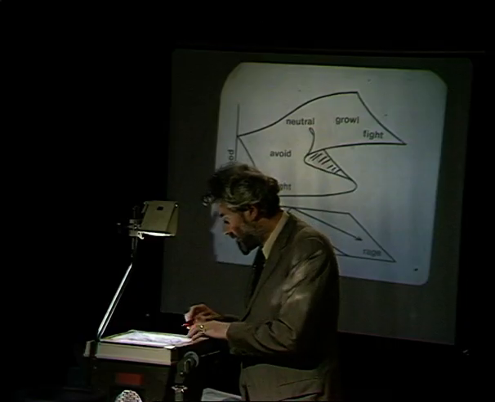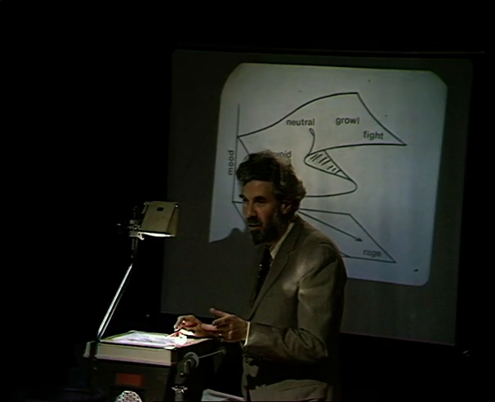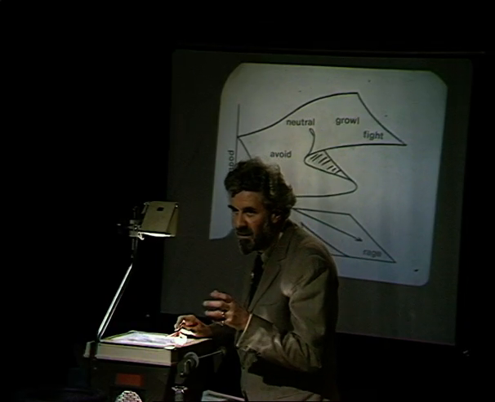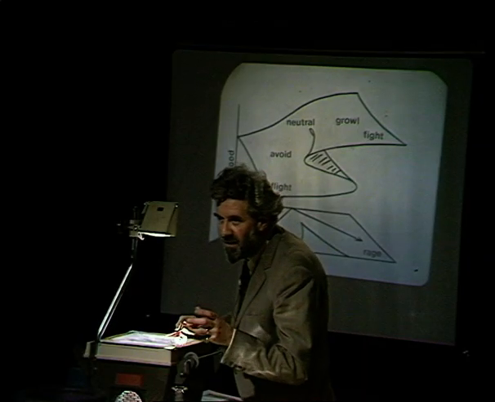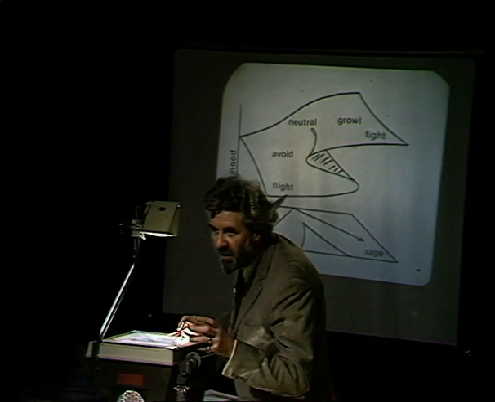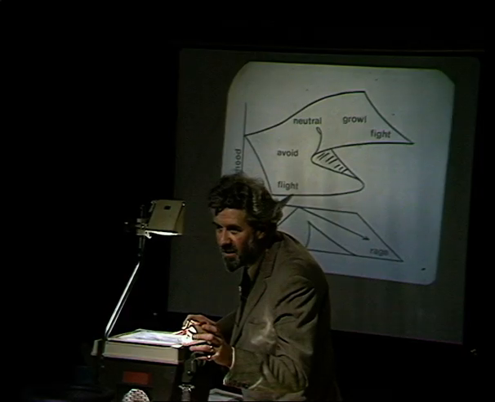If the dog is in a flight mood, for example, he's cowering in the corner, and you begin to approach him, then you may invade his territory, and in so doing, you will send up his rage coordinate.